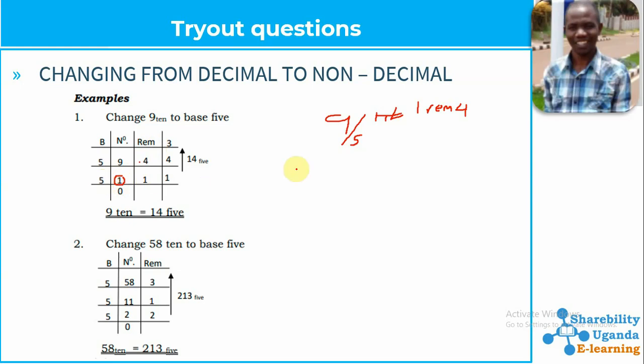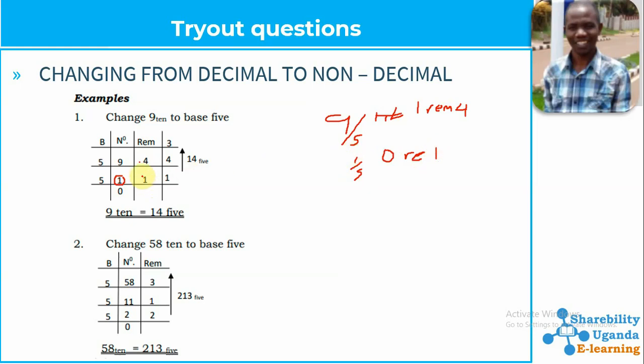We cannot divide 1 by 5, so that simply means we get 0, and we are still going to remain with our 1.